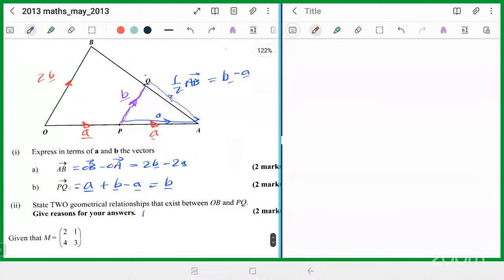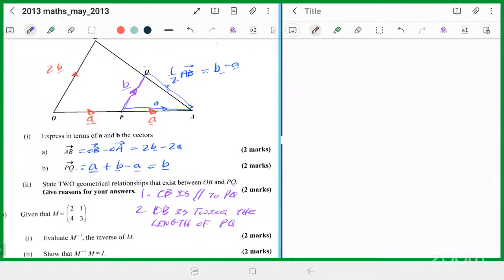So one, they are parallel: OB is parallel to PQ. Two, OB is twice as long, twice the length. So it's done.